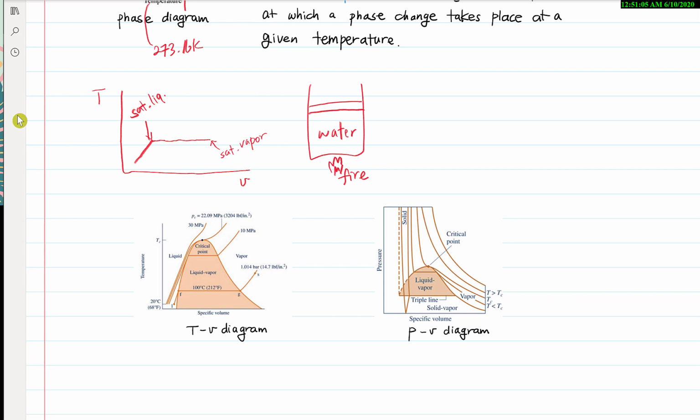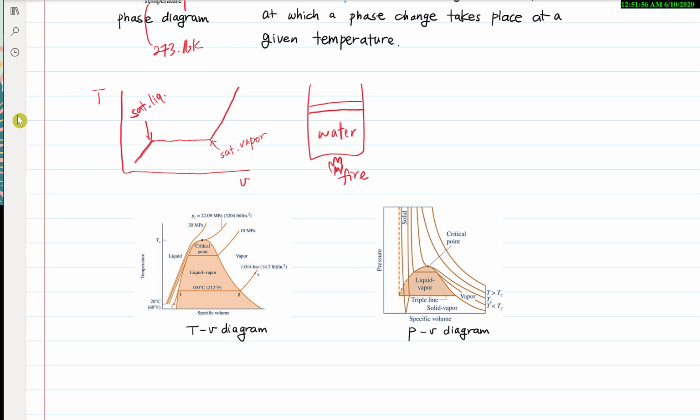As more energy is transferred, the temperature of the water vapor rises. This is called superheated vapor. All these processes take place at constant pressure. And this process will be reversed if the superheated vapor is cooled back down to room temperature.